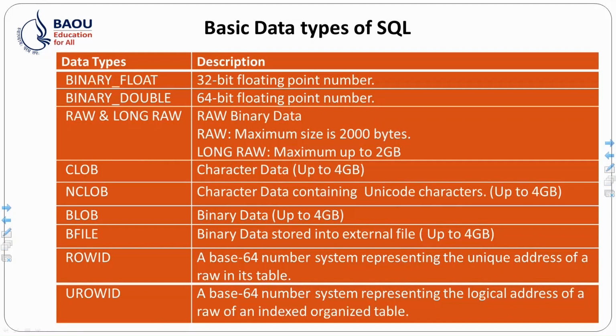ROWID is a base 64 number system representing the unique address of a row in its table. UROWID is a base 64 number system representing the logical address of a row of an index organized table.